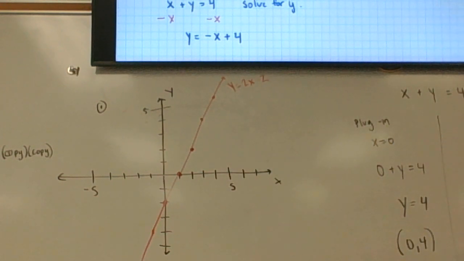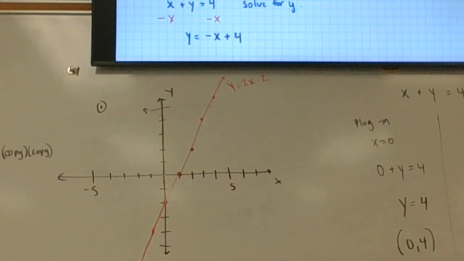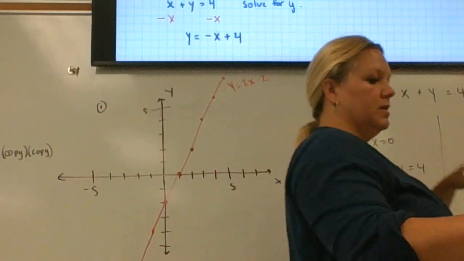So we have to make another graph. Alright, so this one, if I graph this one, I start at 4 and I go down 1 over 1.